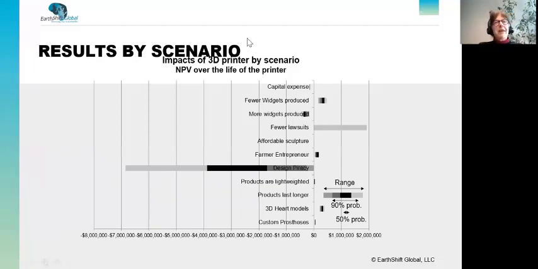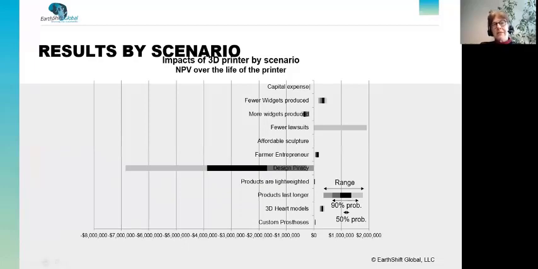So we looked at just the output of one printer here. So here's our capital expense to start. This is in dollars. The light gray line is the total range of the results that we calculate. So the ends of this are really small probabilities.